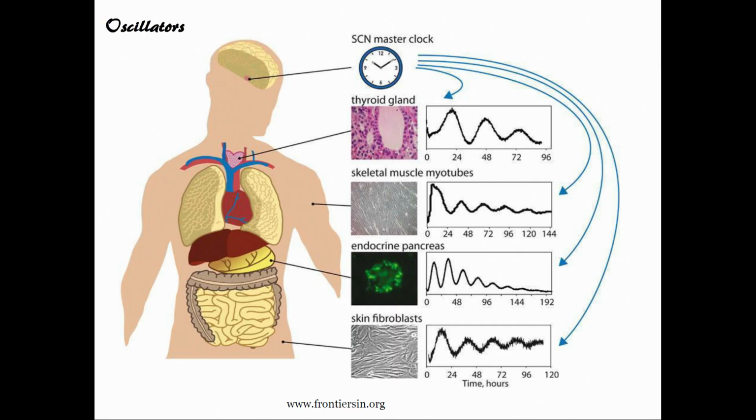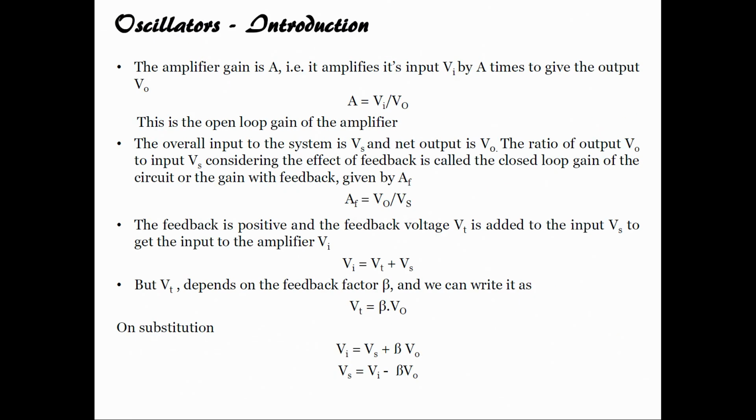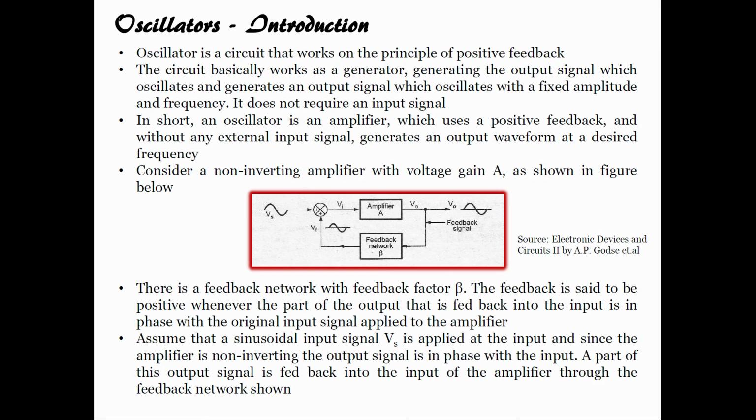Then we have seen oscillators. When we talk about oscillators, we have seen the Barkhausen criteria, and what does the Barkhausen criteria say? First, the output signal that is sent back to the input, the feedback signal, should be in phase with respect to the input signal.